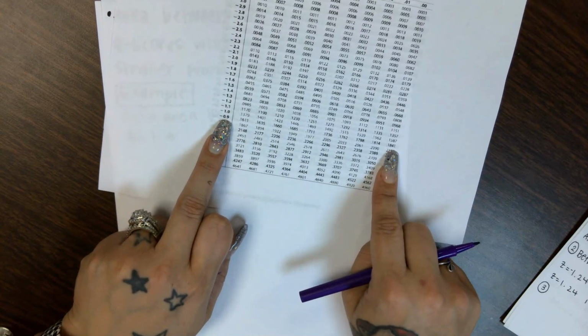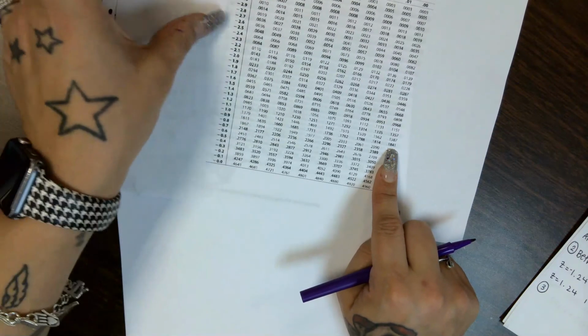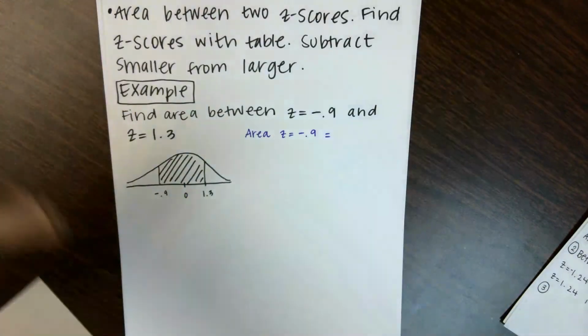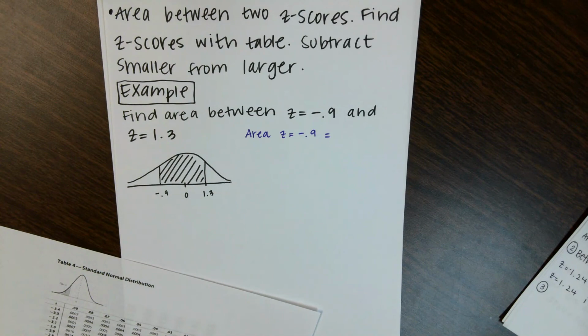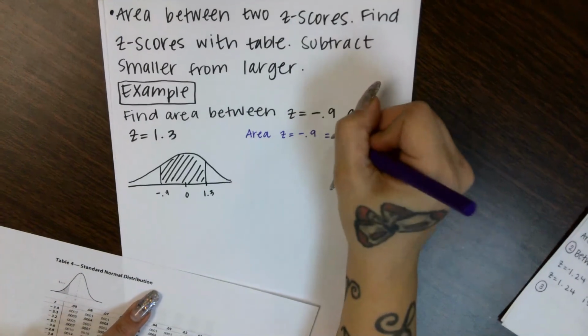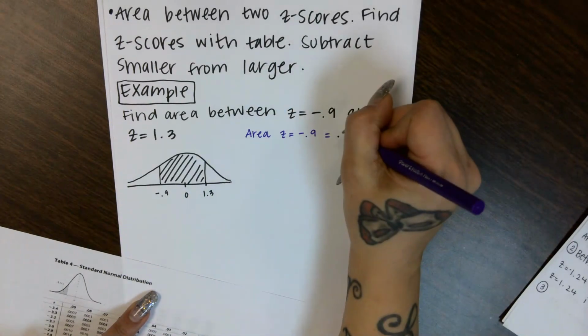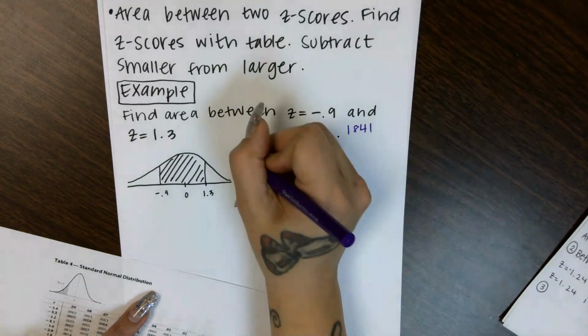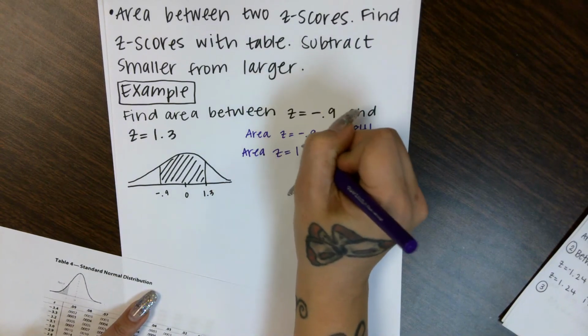It's all the way at the end. So I get 0.1841. Kind of seems backwards compared to the flip side with the positive numbers. So just be careful when you're going along your columns on the top. So the area, when my z-score is negative 0.9, is 0.1841.